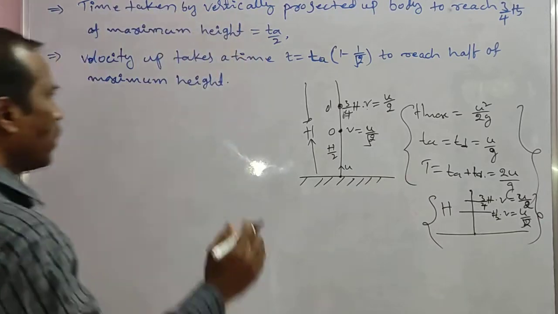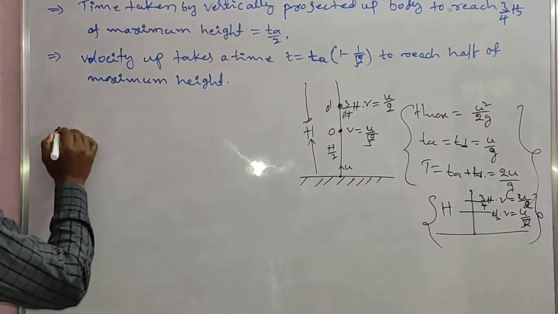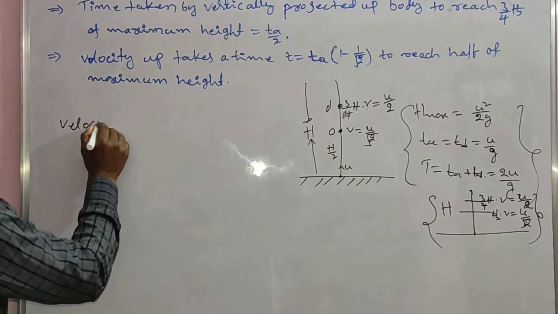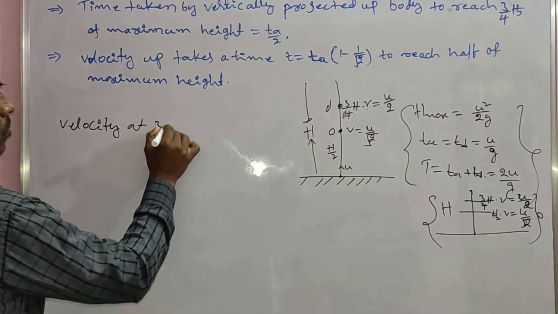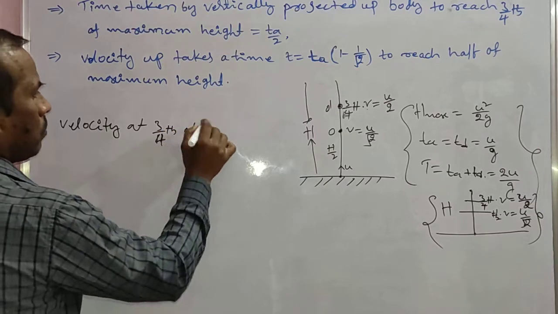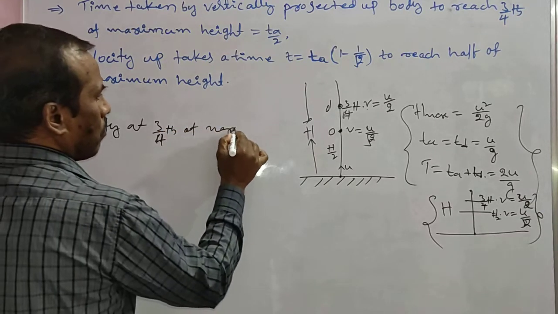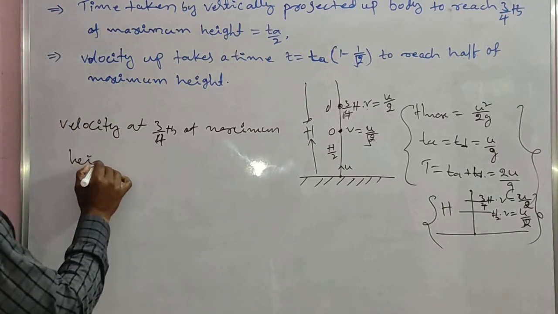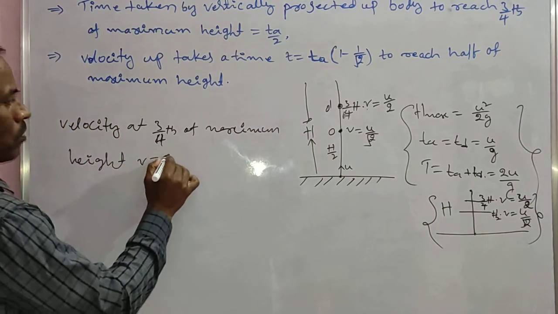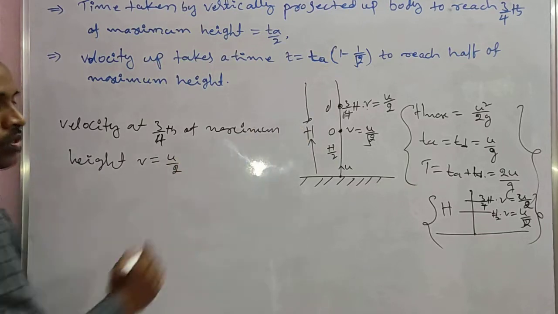Here the velocity at 3/4 of maximum height is v equal to u by 2.